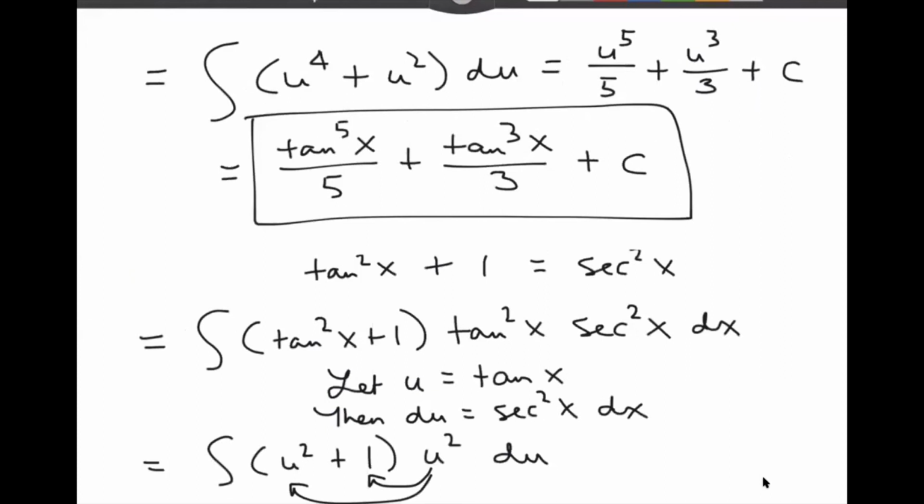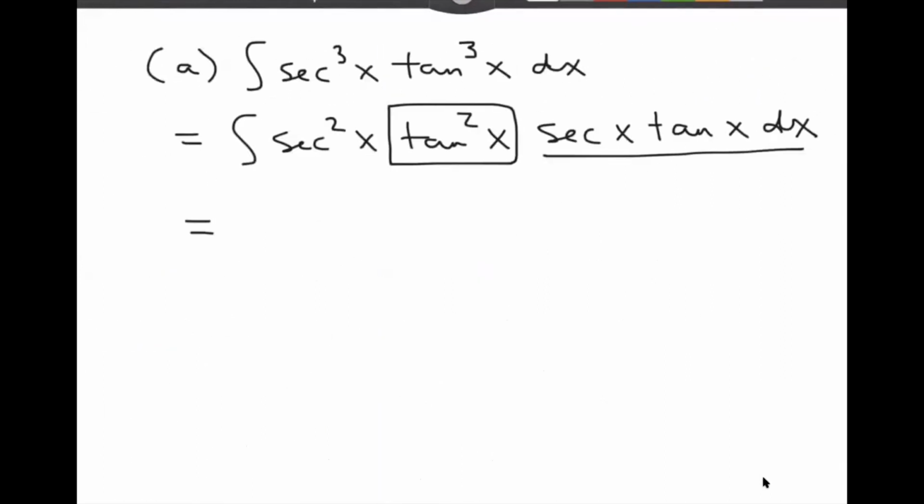And rather than derive the identity again, why don't I just go back to the last example? Oh, shoot, I erased that part, didn't I? Okay. Well, I'm pretty sure that I did that recently enough where I remember that tangent squared x is equal to secant squared x minus 1. So this one ends up actually being pretty similar to the last one we did.